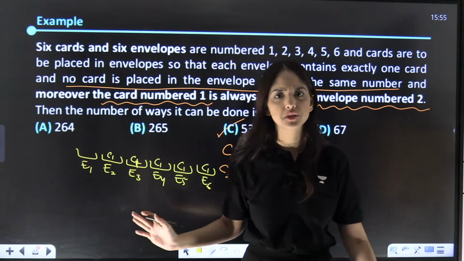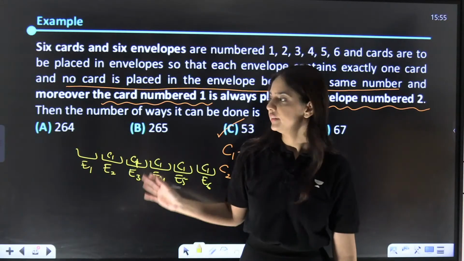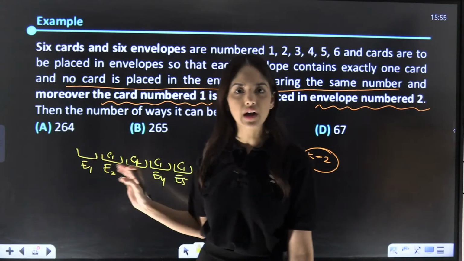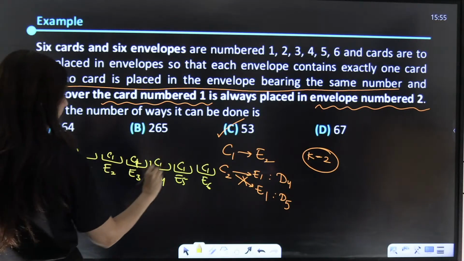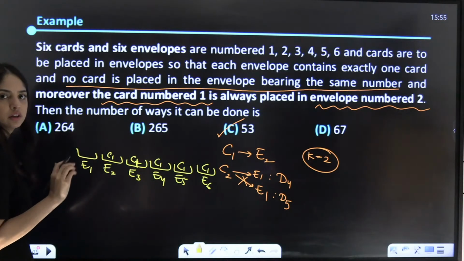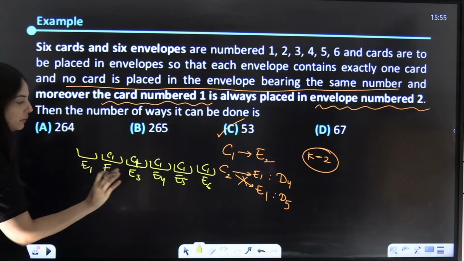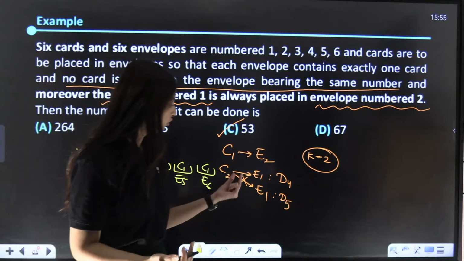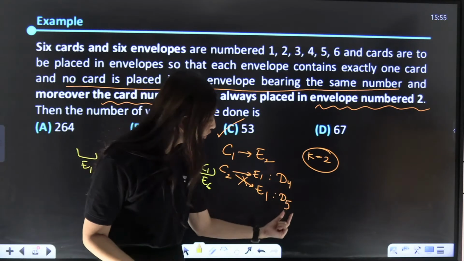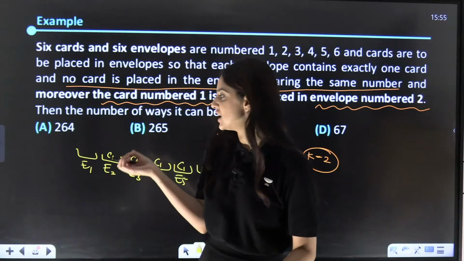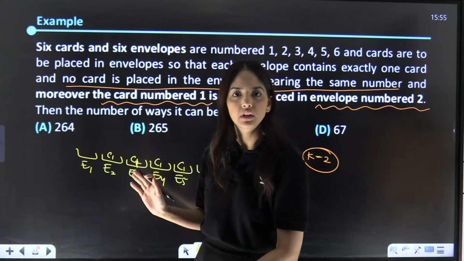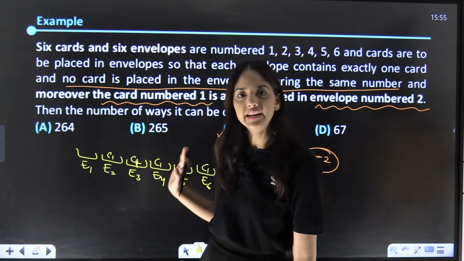There is no difference between them, right? There are exactly 5 options for card 1 and it could have taken any one of them. So for each of them, it's an identical situation. For any K, we get D4 plus D5, right? It doesn't matter where it goes. These are just numbers. It can be in any order. It could have gone in any one of those.